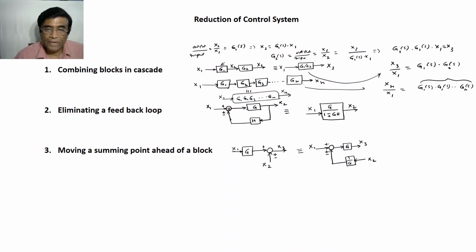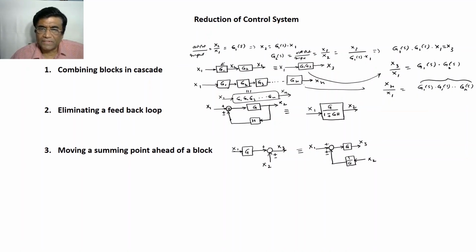This is a very, very commonly used control system feedback loop. So there is a transfer function G, then there is an output X2, then you are taking some signal from the output, feeding it to another transfer function H, and then you are either positively or negatively feeding it back, although negative feedback is very common. Then this is equivalent to this.